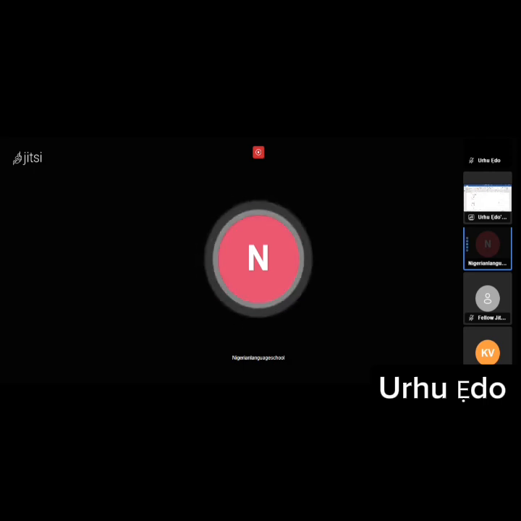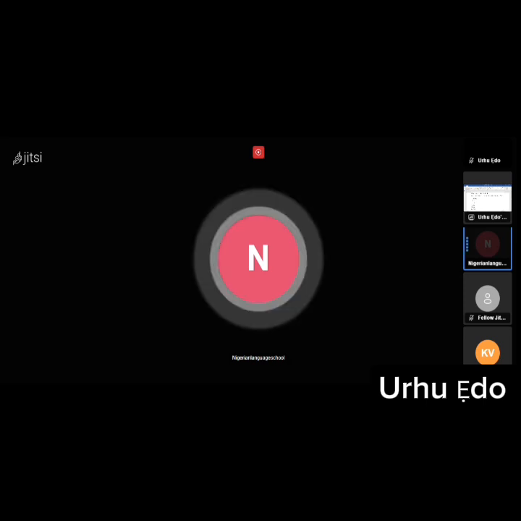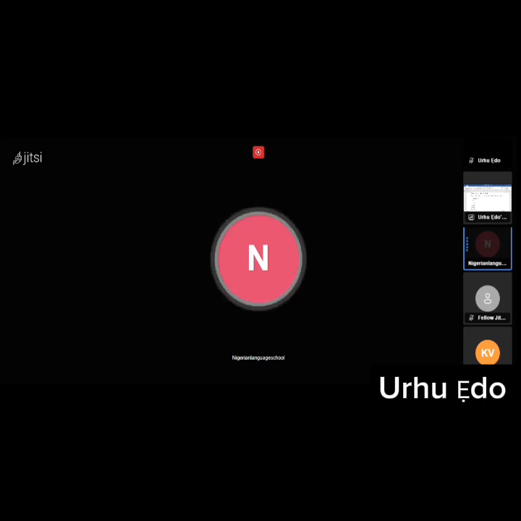So as we can see here, we have Owo slash Okpa, right? Now, this one in Edo can be seen in three different ways. One is Owo, that is to count, when you are counting the numeral.